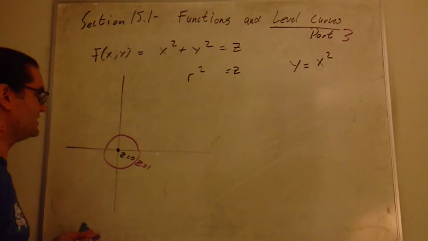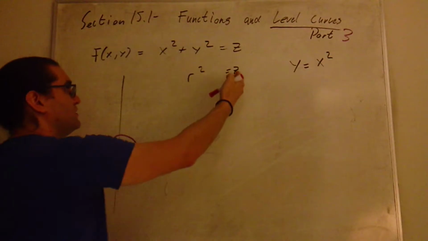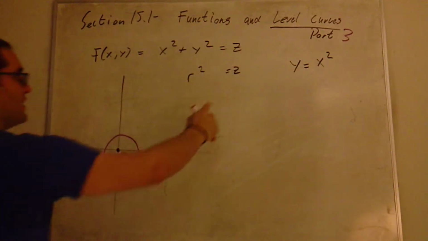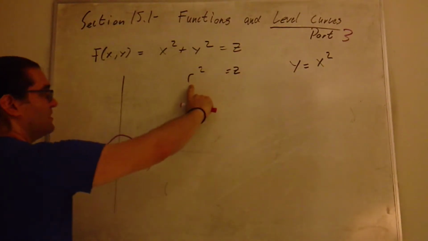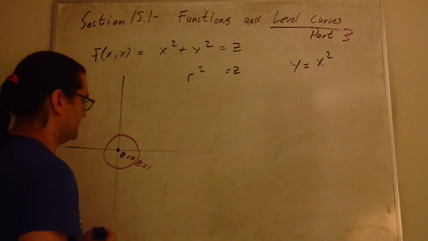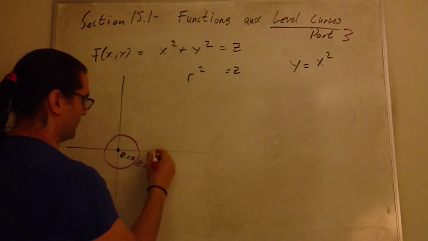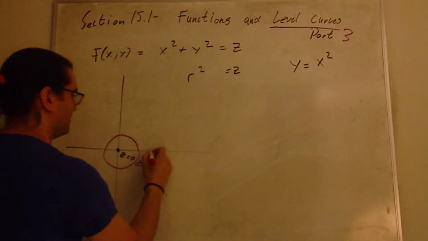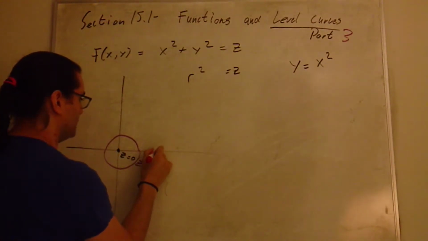If I want z to equal, let's say, 3, that means the radius has to be the square root of 3. Maybe I should make z equal 4. If I want z to equal 4, that'll give me a radius of 2.